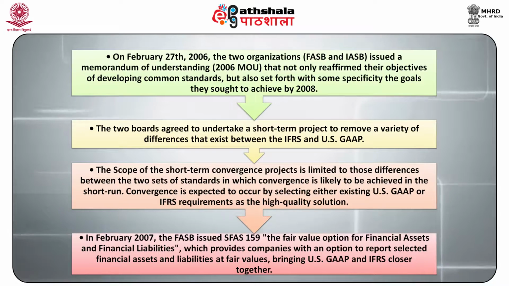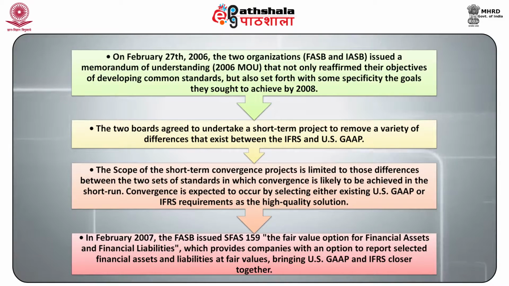The two boards agreed to undertake a short-term project to remove a variety of differences that existed between IFRS and US GAAP. The scope of the short-term convergence projects is limited to those differences between the two sets of standards in which convergence is likely to be achieved in the short run. Convergence is expected to occur by selecting either existing US GAAP or IFRS requirements as the high-quality solution.